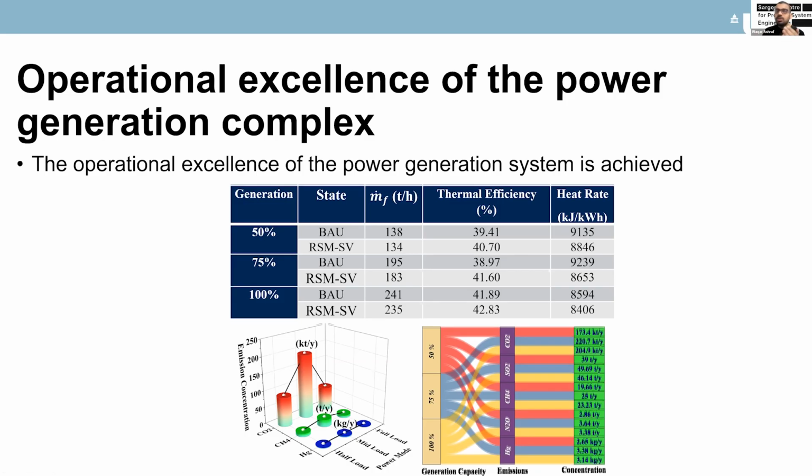So based on the improvement in the thermal fuel consumption rate, we have computed the reduction in the emissions corresponding to different power generation modes. These two graphs basically show how much the emissions have been reduced as a result of the reduced fuel consumption for the power generation.